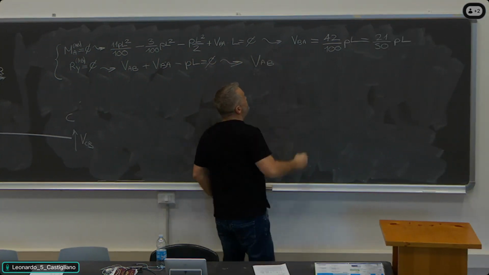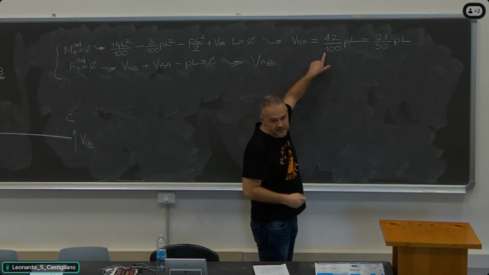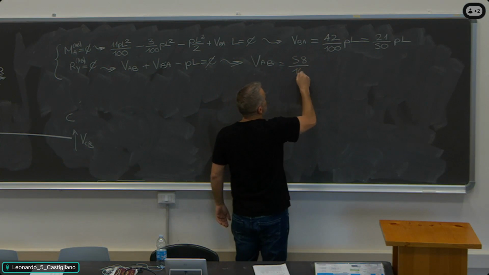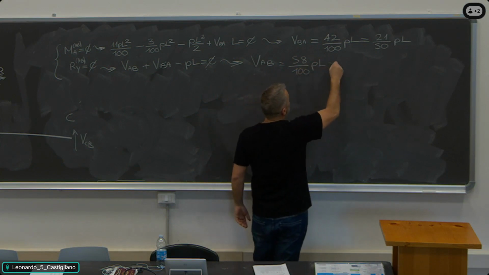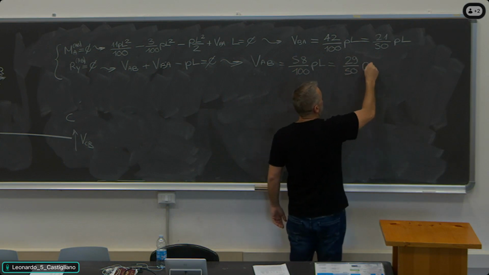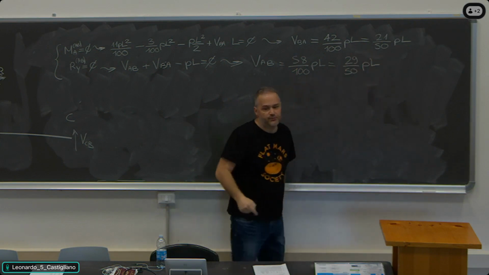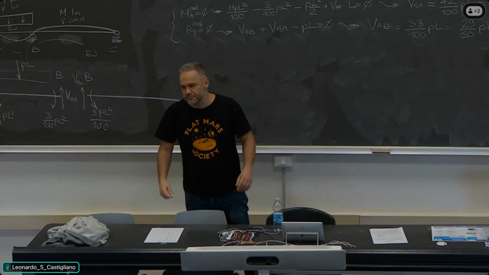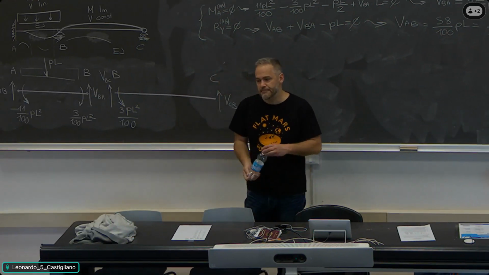VAB, if this is 42 over 100, then this should be 58 over 100 PL, meaning 29 over 50 PL. The sum of the two gives what? The sum of the two gives PL, which is the load applied on the span. Okay? Got it?